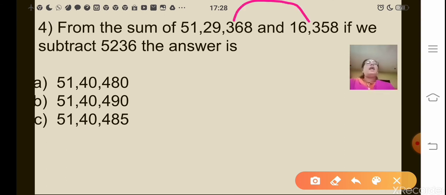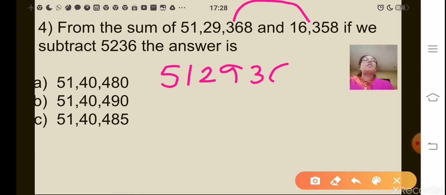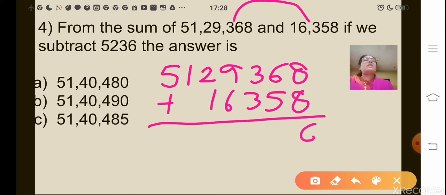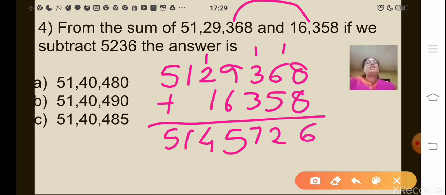So when you add these two numbers, let us see what sum we get. 6 plus 1 is 7, 7 plus 5 is 12, 1 carry over, here it is 7, 9 plus 6 is 15, 1 carry over, it is 4, 5 and then 1.